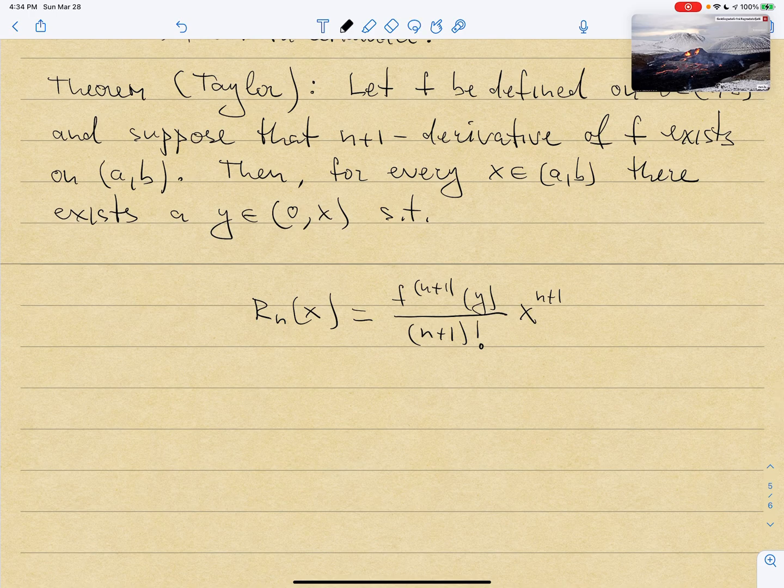Okay, so to prove this, we're going to use an auxiliary function.